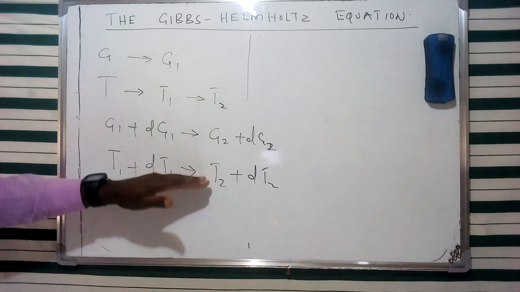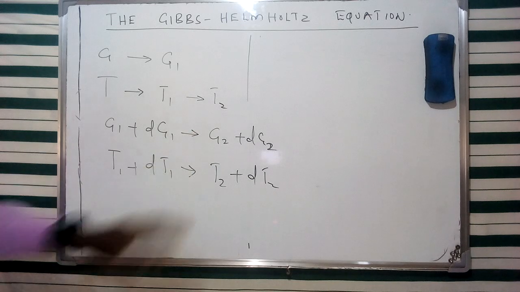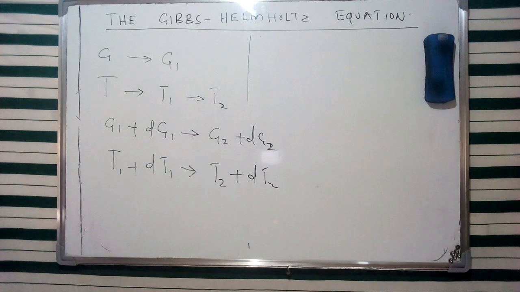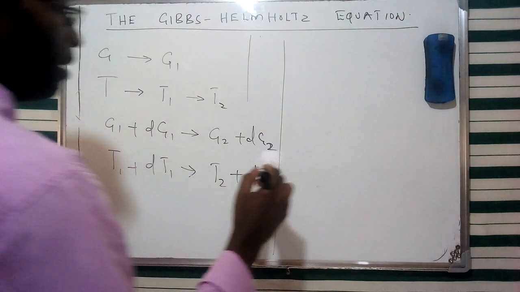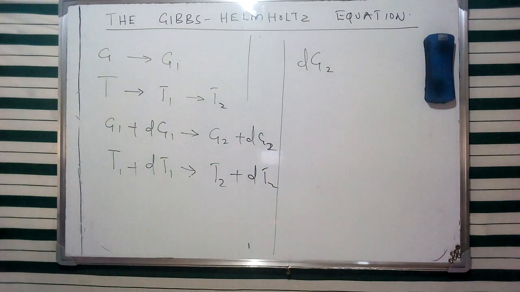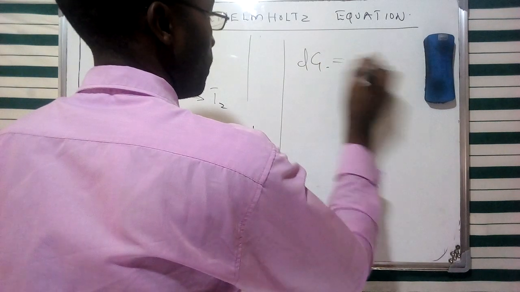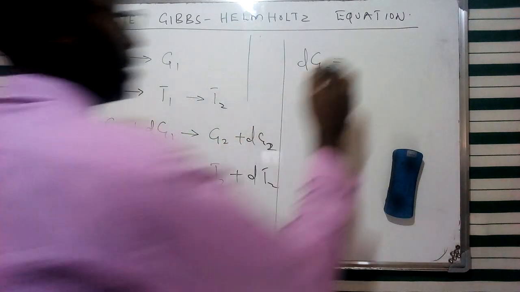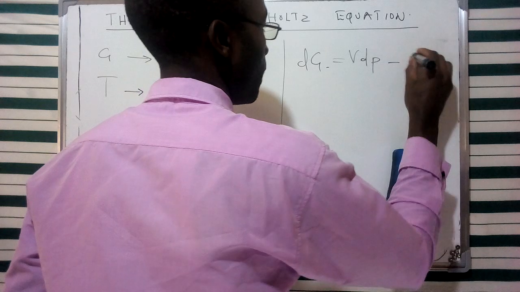So using these two equations, we can find the difference in those two states from the general representation of the Gibbs free energy equation we used in our first discussion on this aspect as delta G. Generally, we are given dG in the form VdP minus SdT.